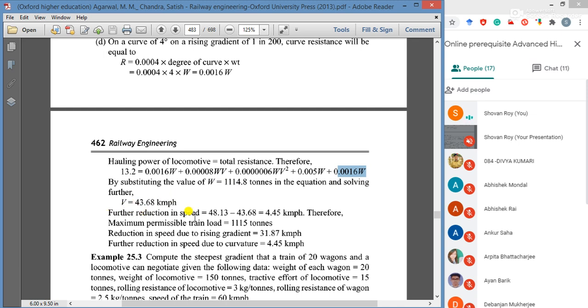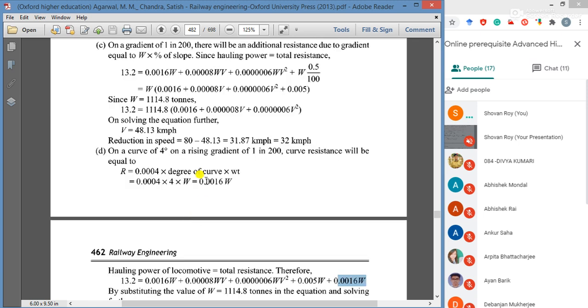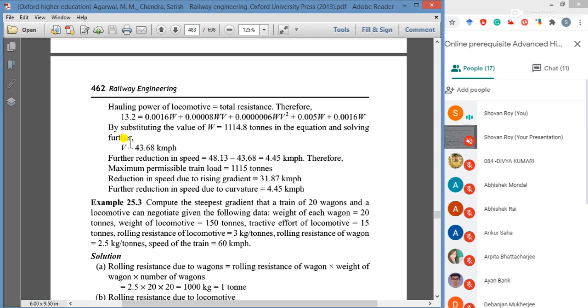Therefore, for the further reduction in speed: after introducing the gradient in the track, the speed became 48.13 from 80 km per hour. Now after introducing the curvature in the track, the speed becomes 43.68 km per hour. So the reduction in speed is 48.13 minus 43.68, which is 4.45 km per hour.